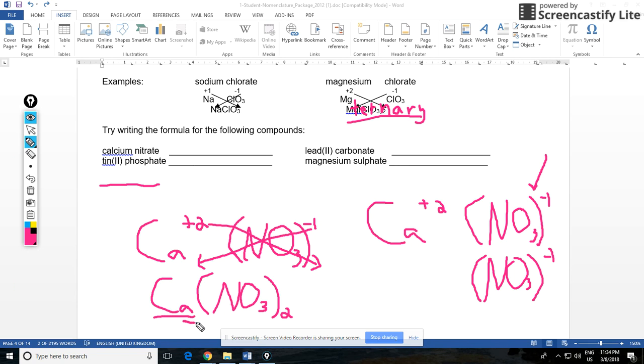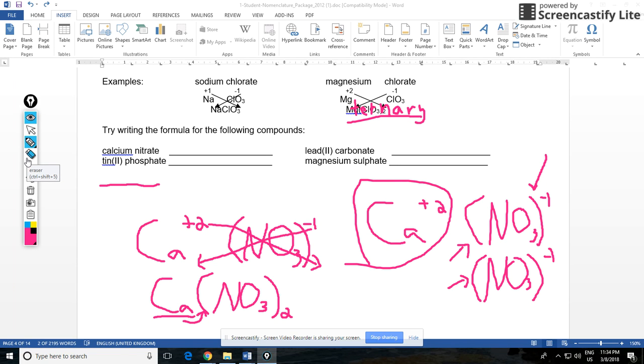The subscript does not indicate the charge, it indicates how many you have. So 1 calcium and then 2 nitrates, each with a charge of -1. The same process would occur if you had multivalent elements within these compounds. You have to take that into consideration.